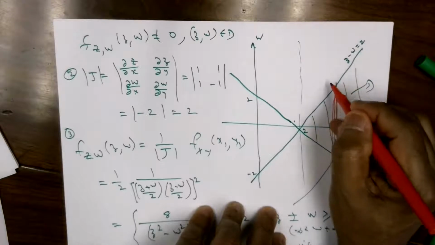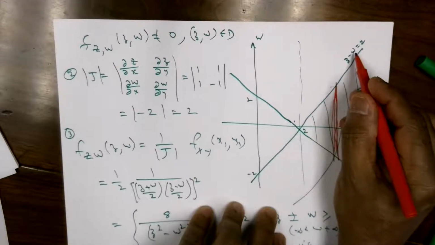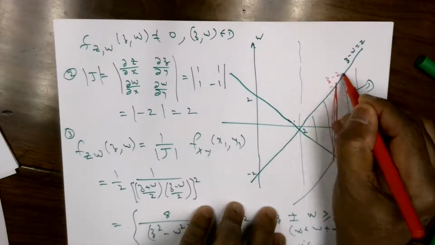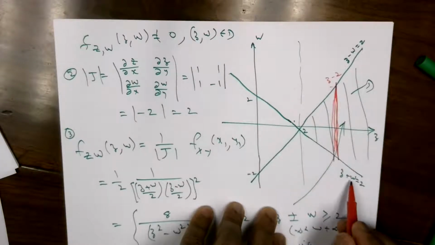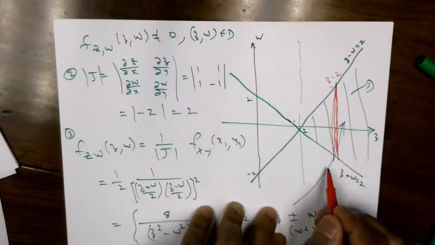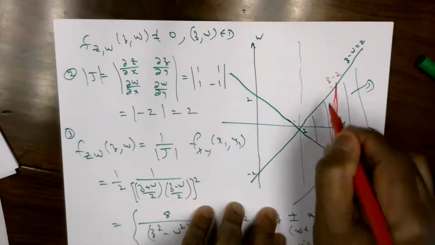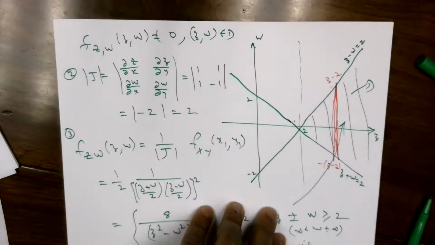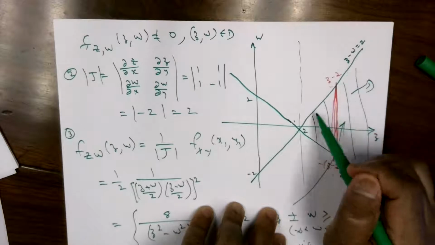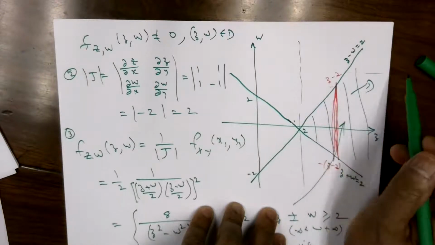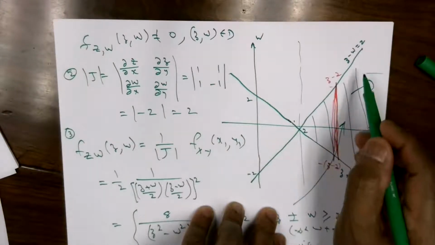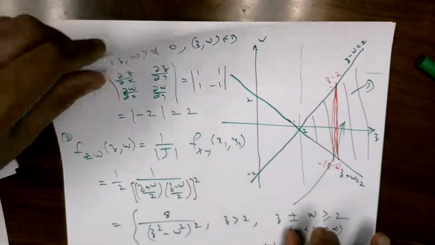Here w goes to z minus 2, and here w is 2 minus z, but z is greater than 2, so I'm going to write it as minus z minus 2. So it's a symmetric region, and so we'll integrate w over here. And later, to find w, we integrate over this region, depending on whether w is positive or negative.